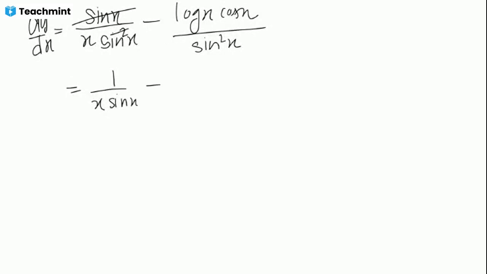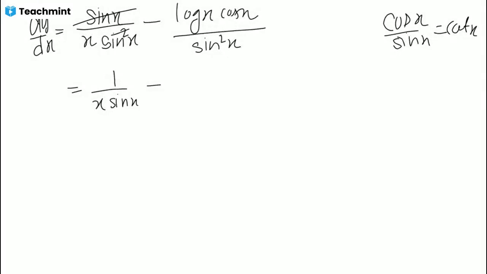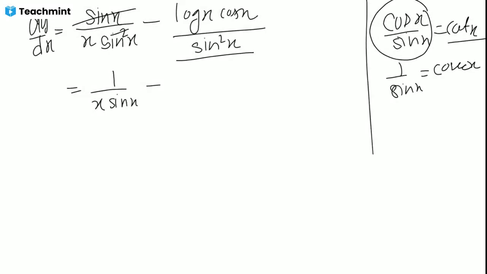And now cos x over sin x, you know very well, that is cot x. And 1 upon sin x is cosec x. Do you remember trigonometrical identities? So here we have sin square, so one time you can make this cos over sin, cot x, and take another sin x as cosec x.